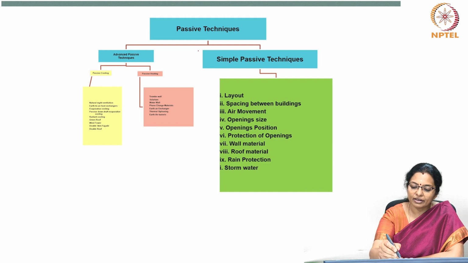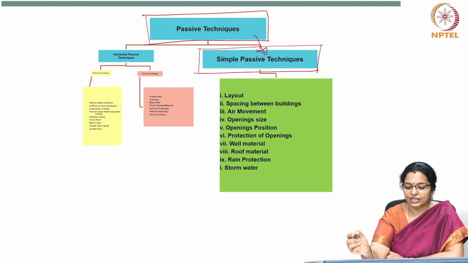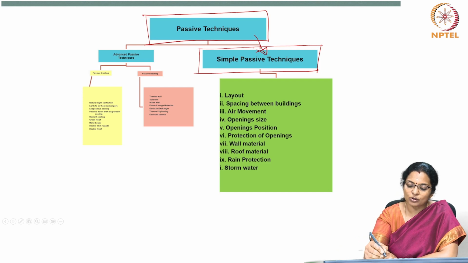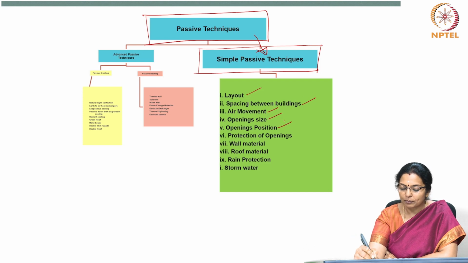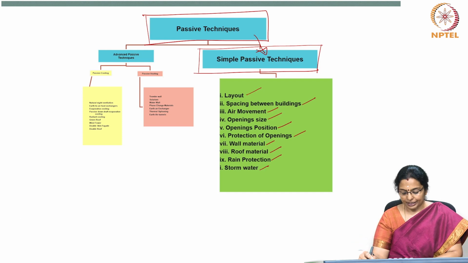In this class, we will focus primarily on the passive strategy, which is simple passive strategy, which focuses on use of layout, spacing between buildings, air movement, opening size, opening position, protection of openings, wall material, roof material, rain protection and storm water as a means to achieving bioclimatic architecture.